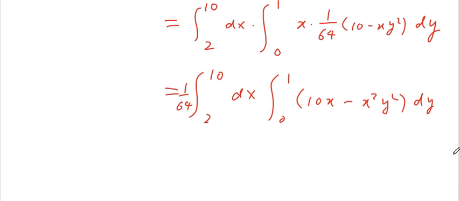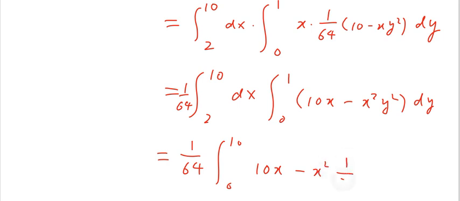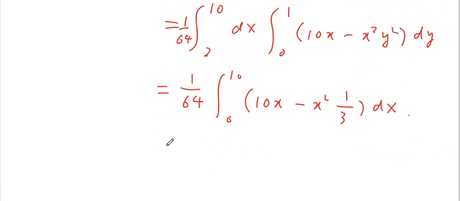We need to integrate out y dy, so let's do one more step. The first part is 10x, constant over 0 to 1, minus x times y squared integrated out, which gives 1 over 3. Then we can finish the integration.